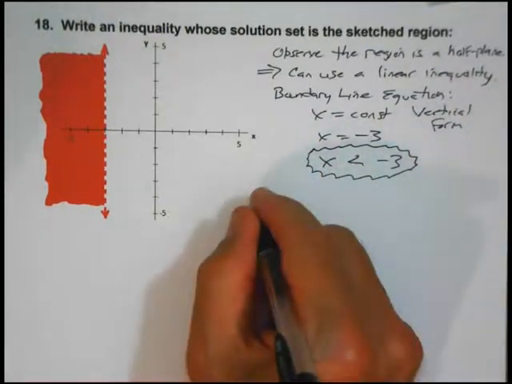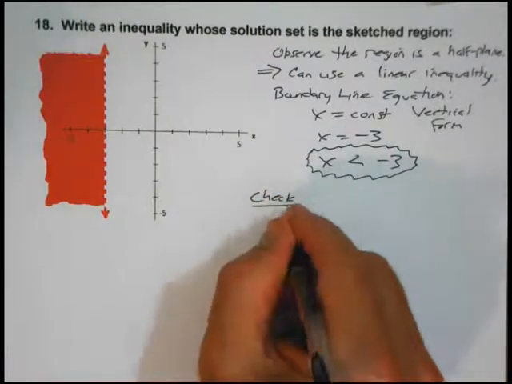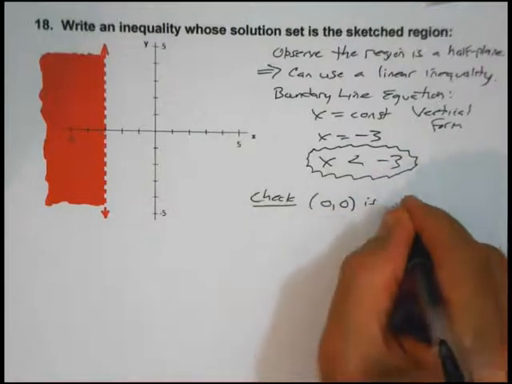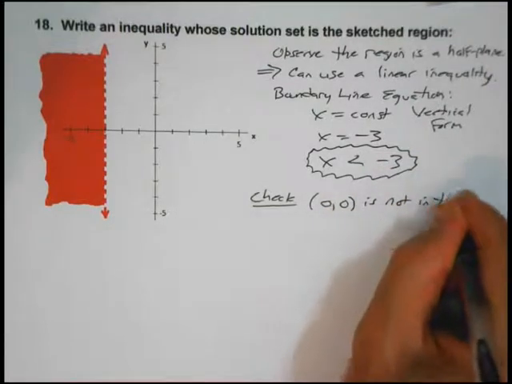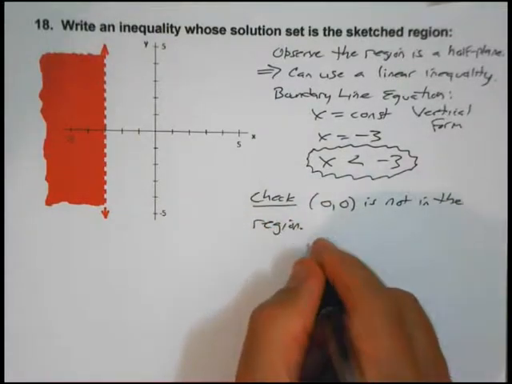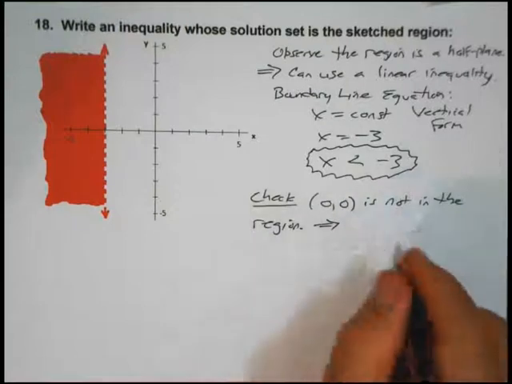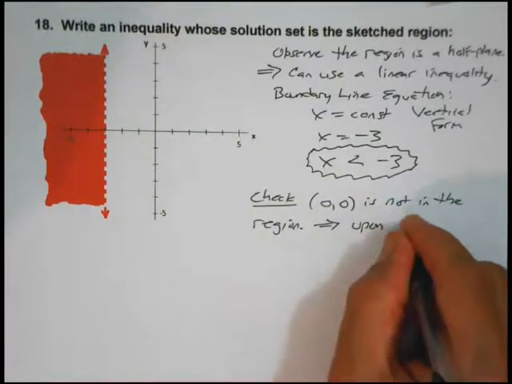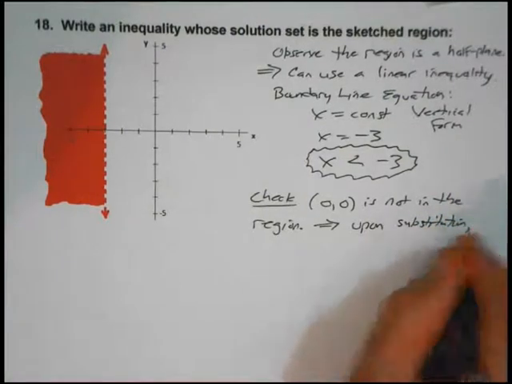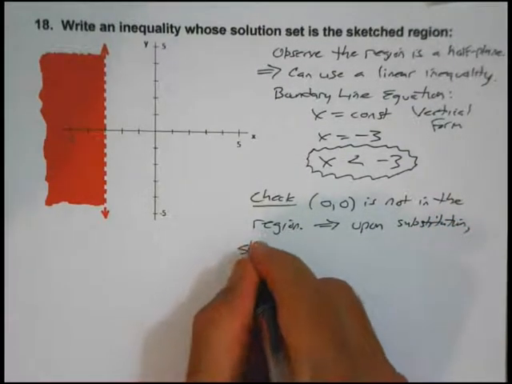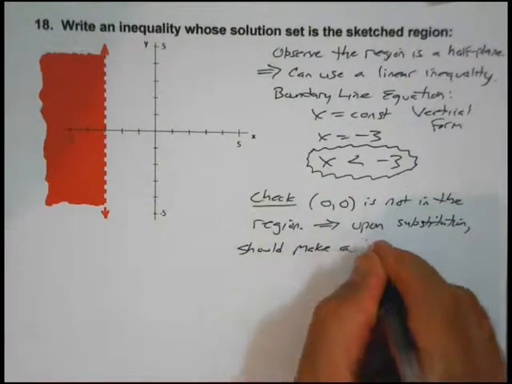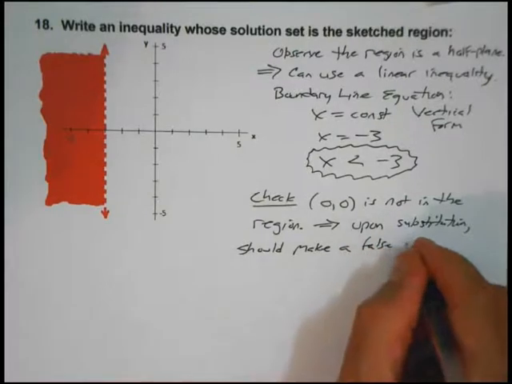Very simple check. 0, 0 is not in the region. And this implies that upon substitution, it should make a false statement.